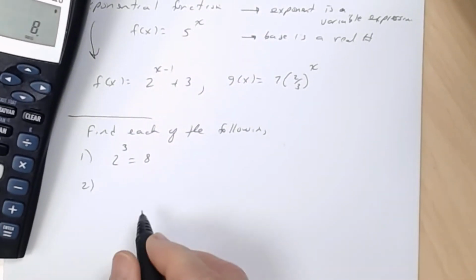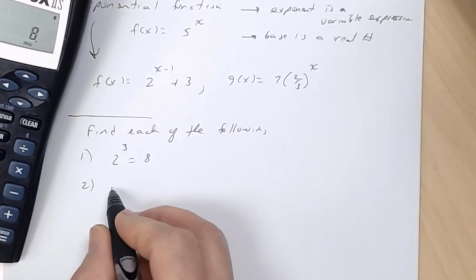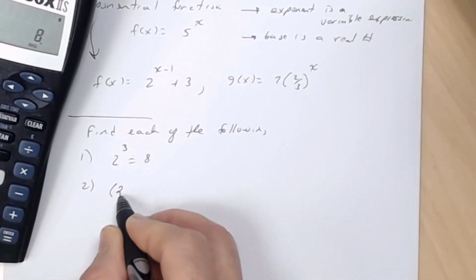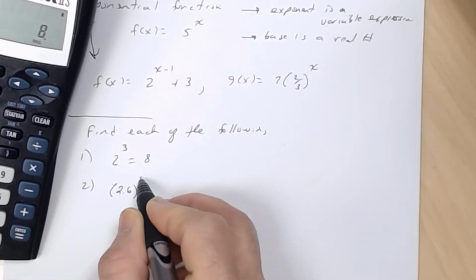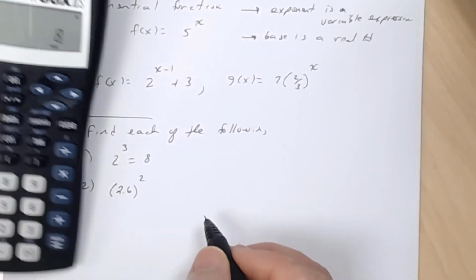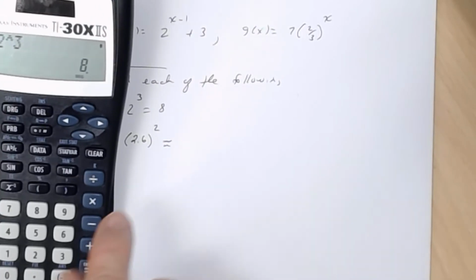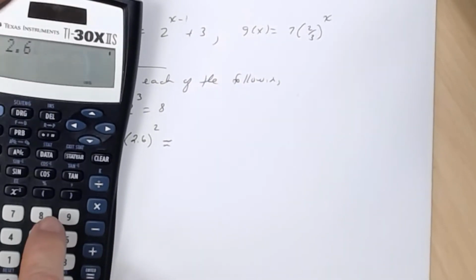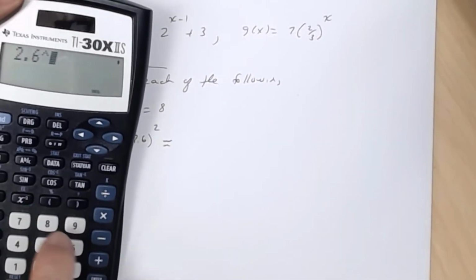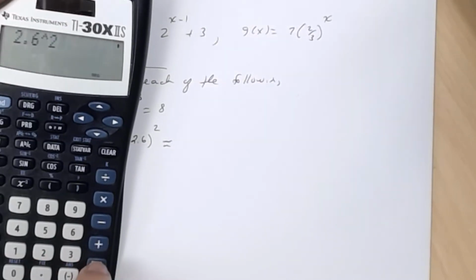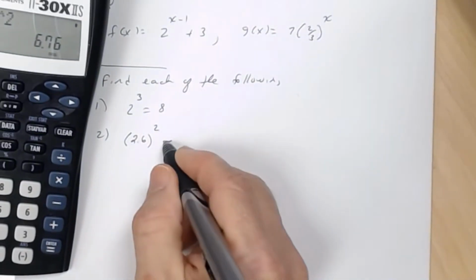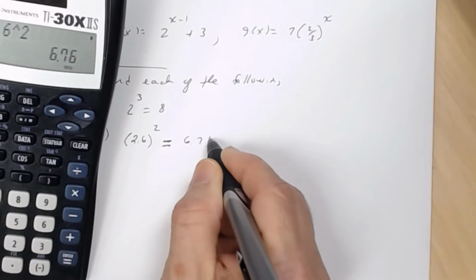Number 2, suppose we had 2.6 raised to the second power. Same thing, right? Now we may have to approximate this. We'll see. So 2.6 raised to the second power gives us 6.76.